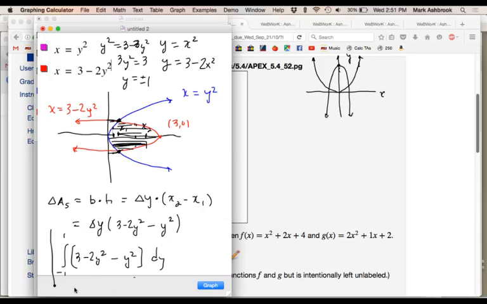And that will give me the area of that shaded region. Sometimes you have a choice whether you're going to do vertical strips with dx or horizontal strips with dy. In certain problems, it'll be very advantageous to pick one over the other based on what your region is, what your curves are.